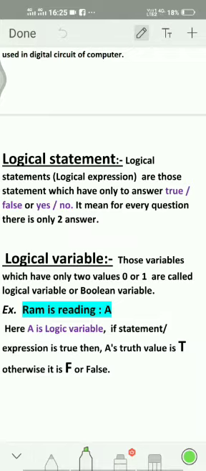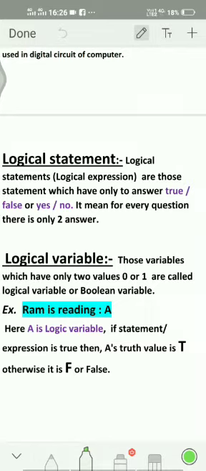Now we are going to know logical variable. Those variables which have only two values, 0 or 1, are called logical variables or Boolean variables. Like let us assume x plus y is equal to 20. x and y both are variables.